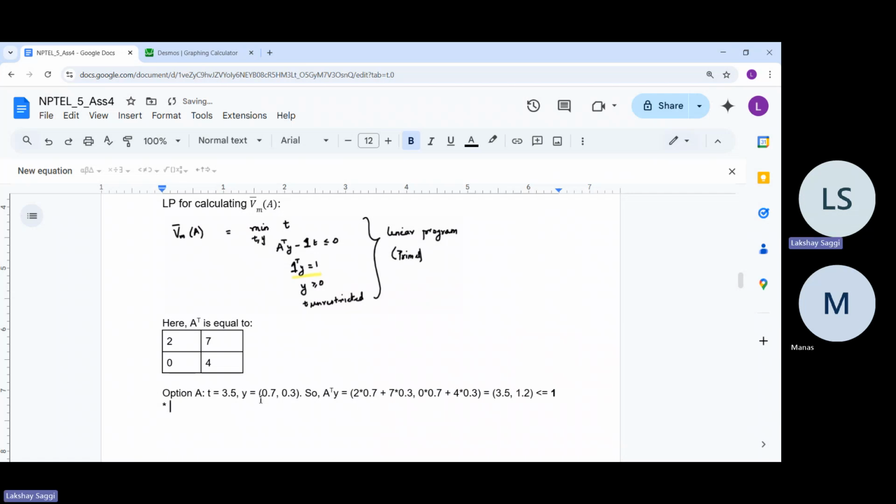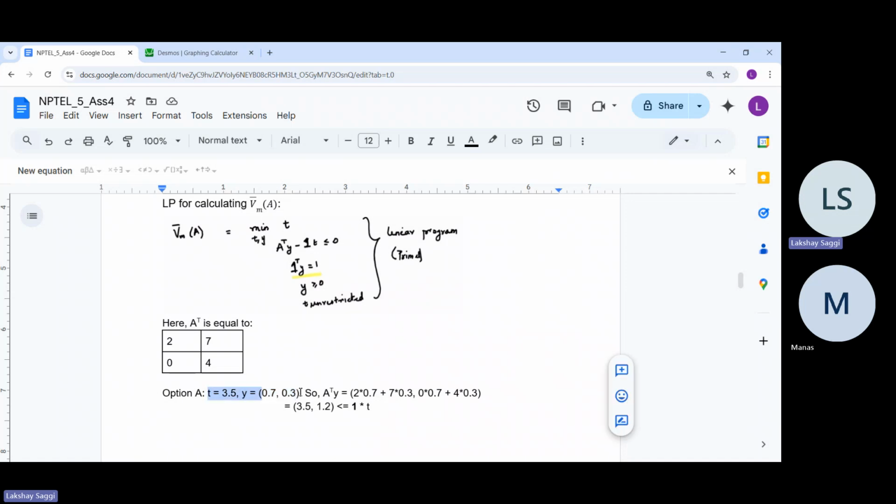And why is this the case? Why is this less than or equal to 1 times t? Because t was actually 3.5 in this.